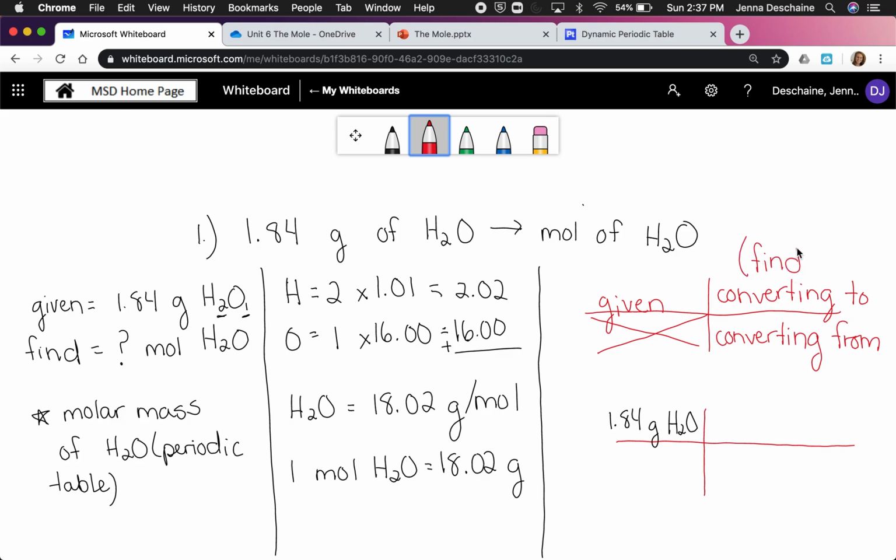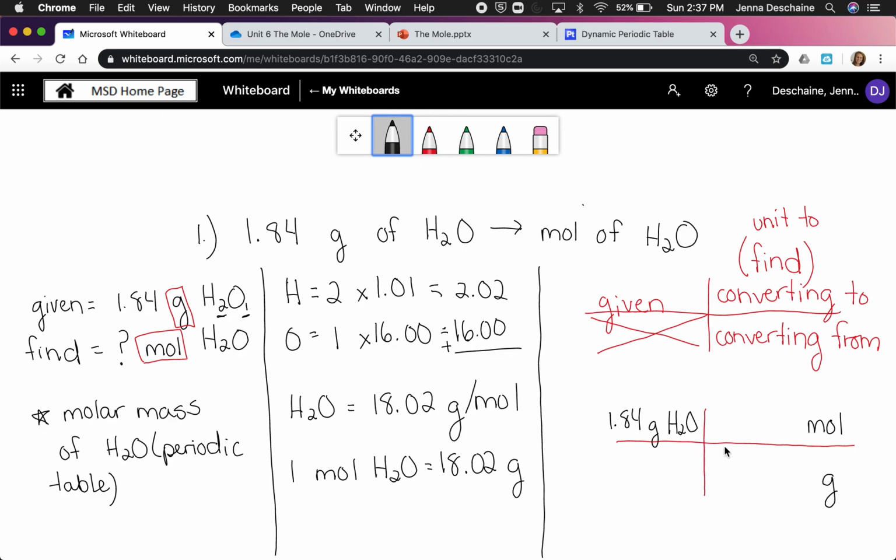The unit I want to find, okay? So the unit I want to find is moles, so I'm going to put moles right here. And the unit that I am converting from is grams, which is kind of my given unit, so I'm going to put that down here.